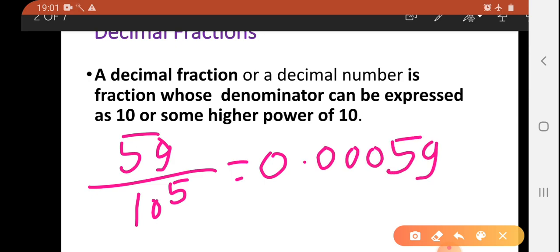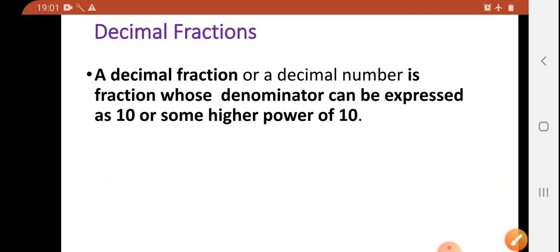These are all examples of the decimal fraction.